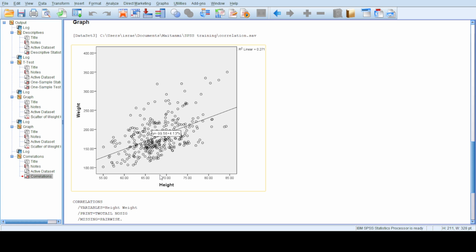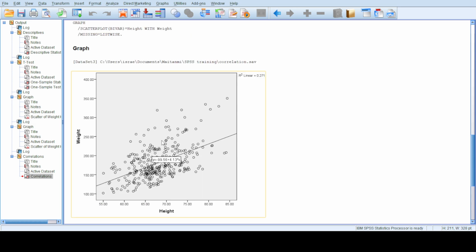Look at the height, is it in centimeter or in meter? 70 is not up to 70. So there's something wrong, and that's why we can refer to this variable here as an outlier. So we must eliminate outliers as much as possible when we are going into correlation. Otherwise, it's going to create error in our data. So that's what we are saying.